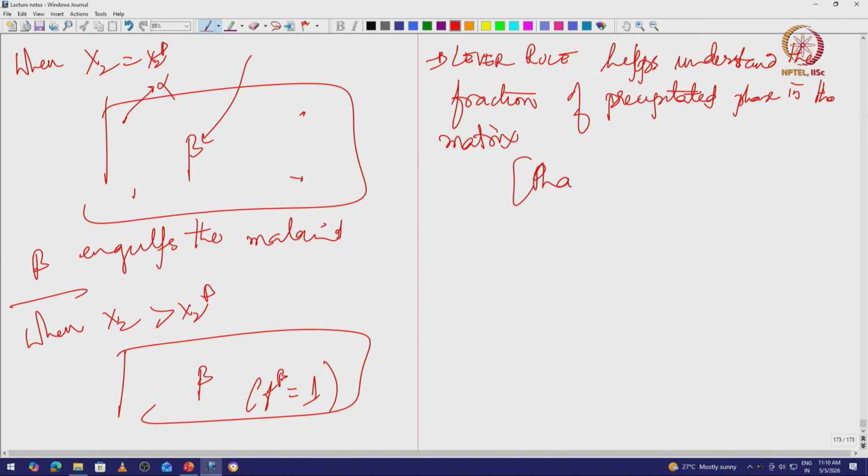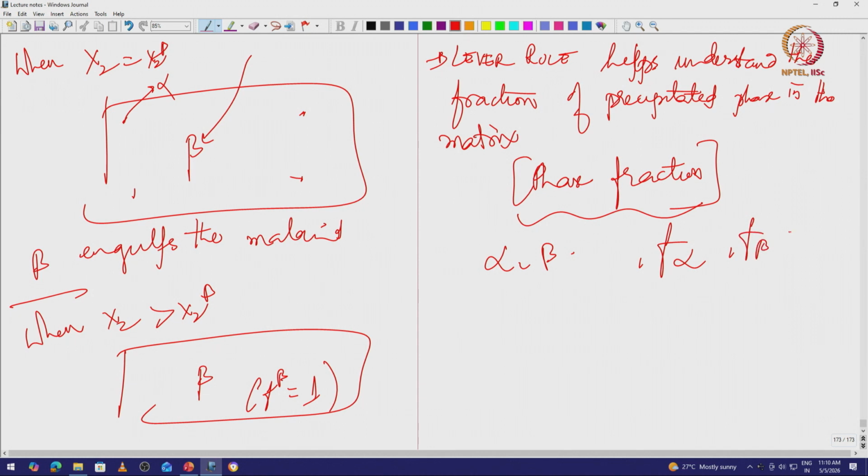Again, these are different ideas. It is easy to get confused, but this is the phase fraction. I have two phases, alpha and beta, and the lever rule tells me what is f of alpha, what is f of beta, right. But the composition in alpha is x2 alpha, or something about x2, that is different. The composition in beta is x2 beta.